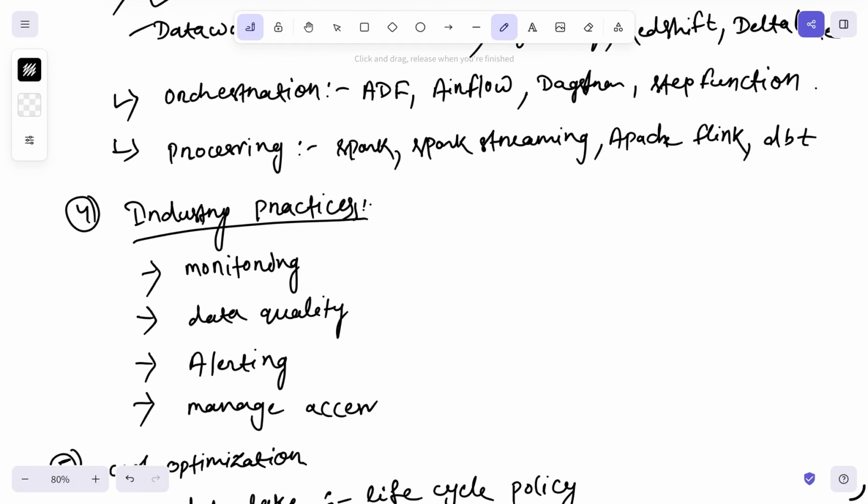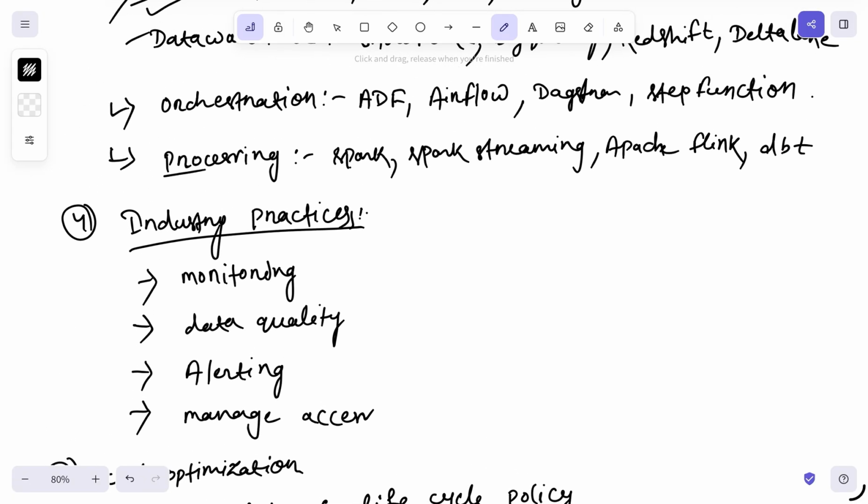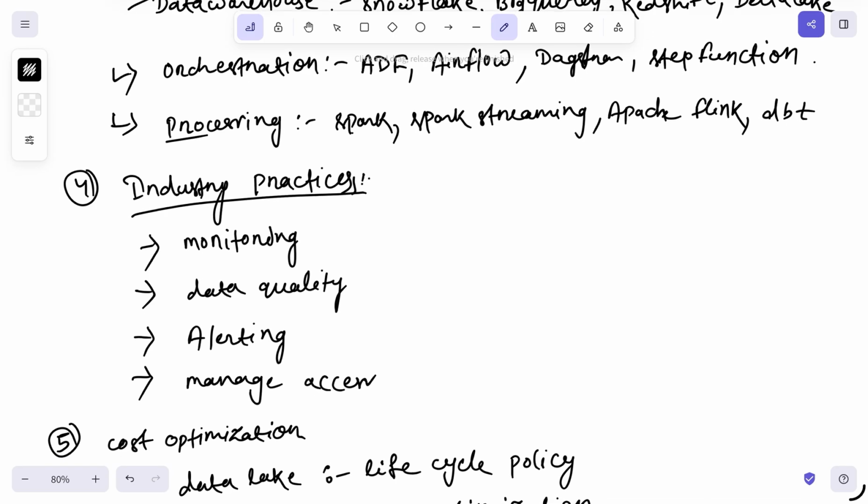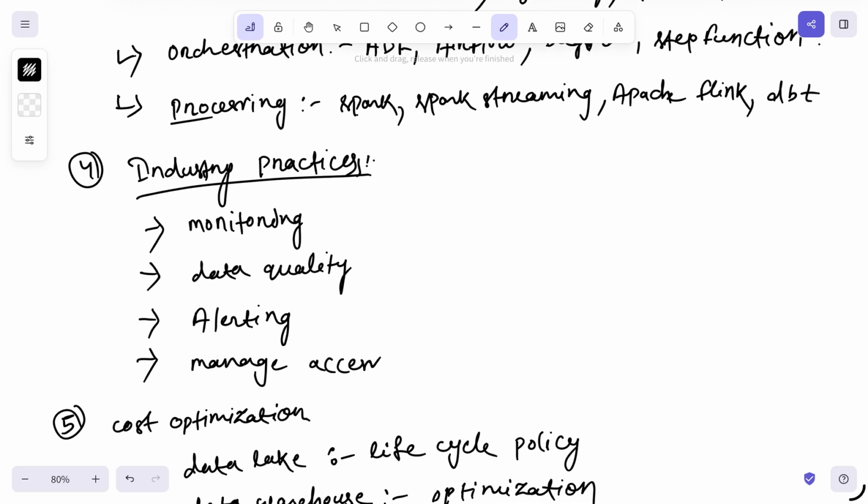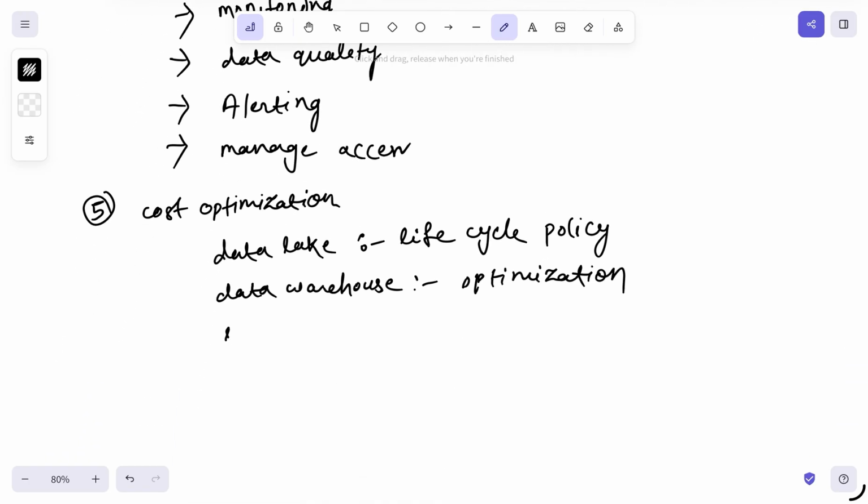And the other thing is processing: if you are using Spark, then we have some Spark optimization techniques. We have to apply those to optimize or reduce the cost.